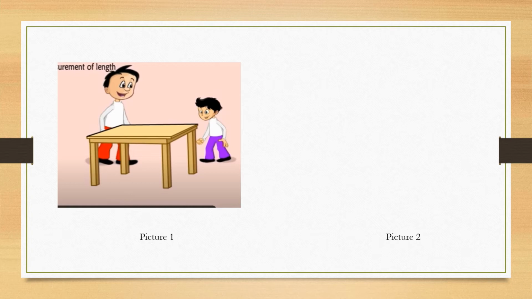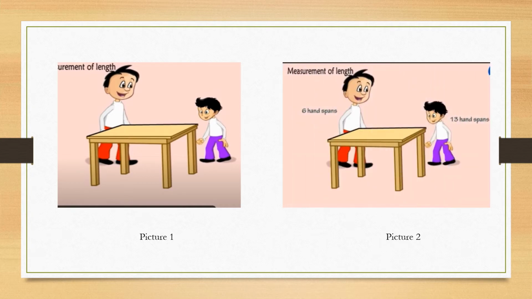In this picture, picture 1, there are two boys and they are trying to measure the length of this table, and they are using hand spans. Now in picture 2, let us see what they get after measuring the length. Yes, one boy gets 6 hand spans and the other boy gets 13 hand spans as the length of this table.